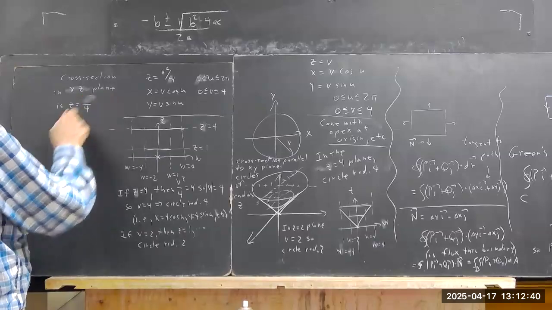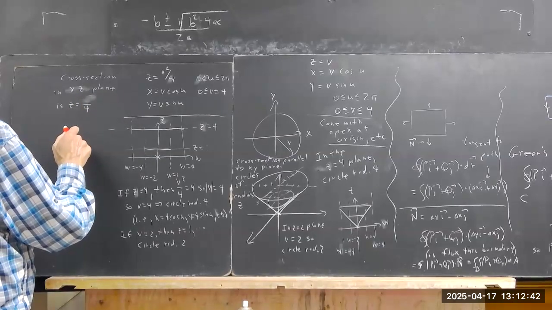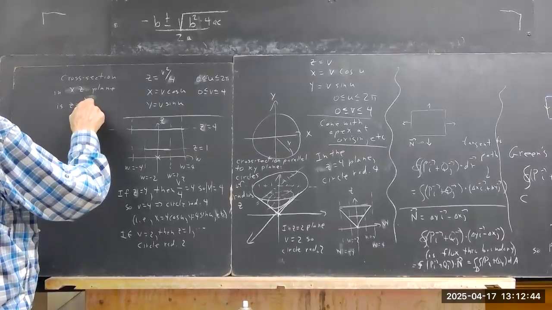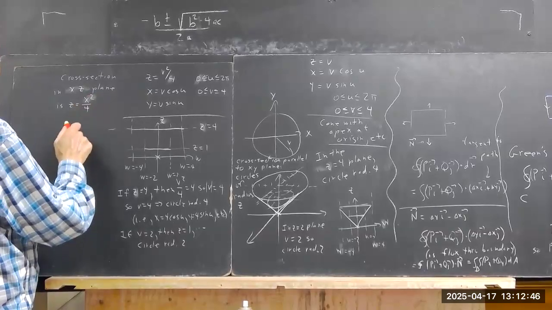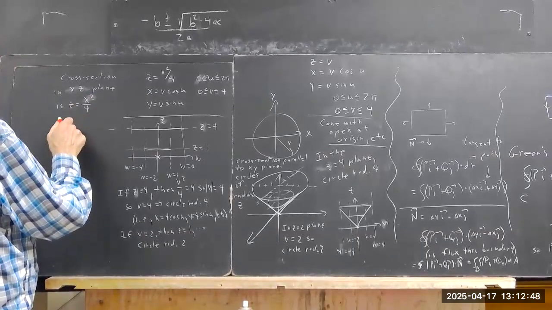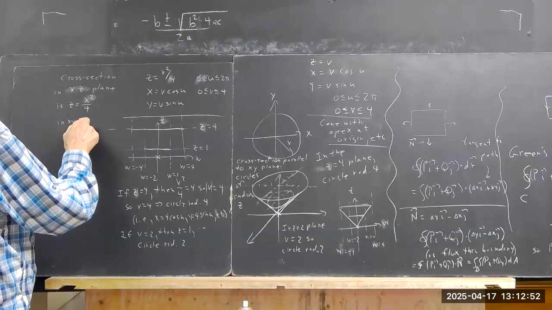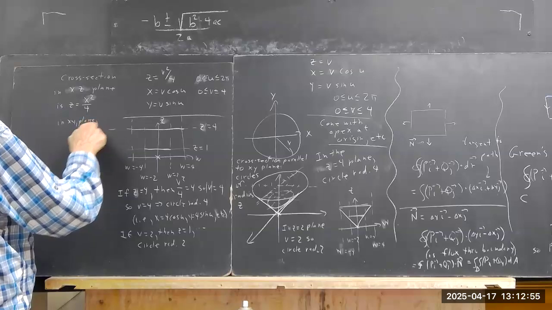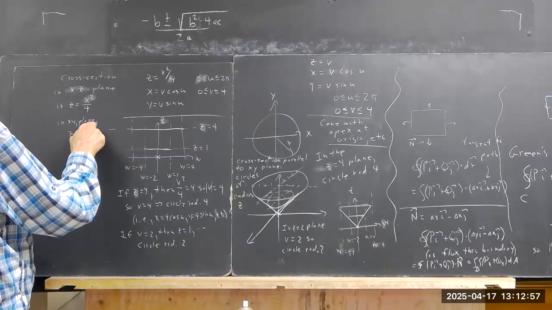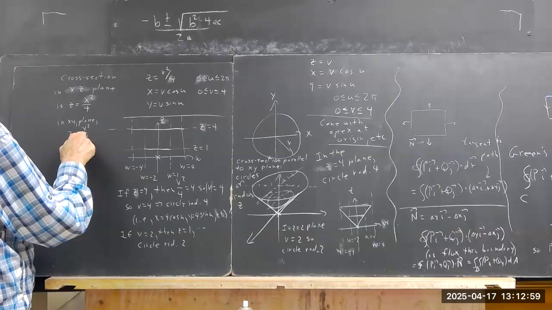You can conclude the cross section in this plane is Z equals X squared over 4. Okay. In the XY plane, it's Z equals Y squared over 4.